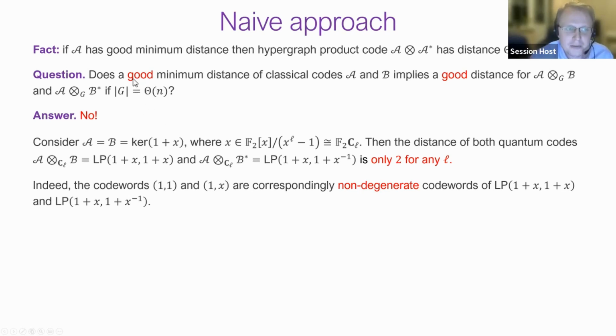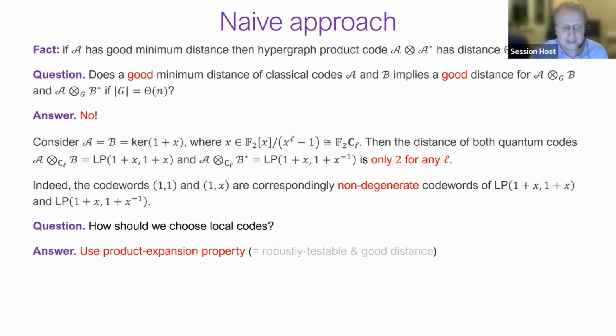So even if you have good minimum distance of component codes, it doesn't imply that you have a good distance of product codes, and that is why we introduce this property that at first look maybe not very natural, but in fact it looks like it is really necessary.